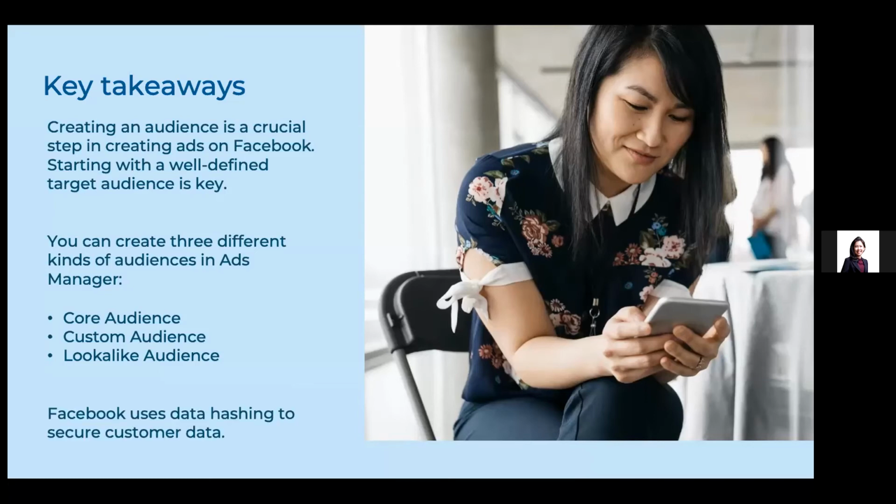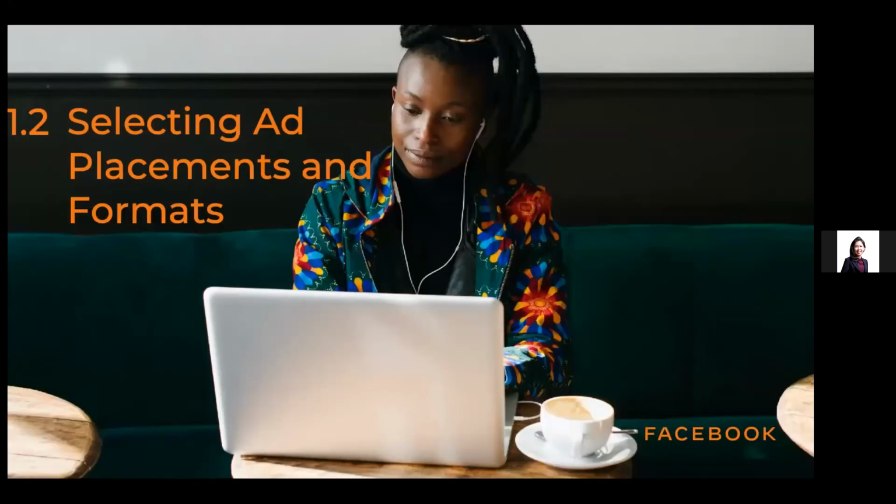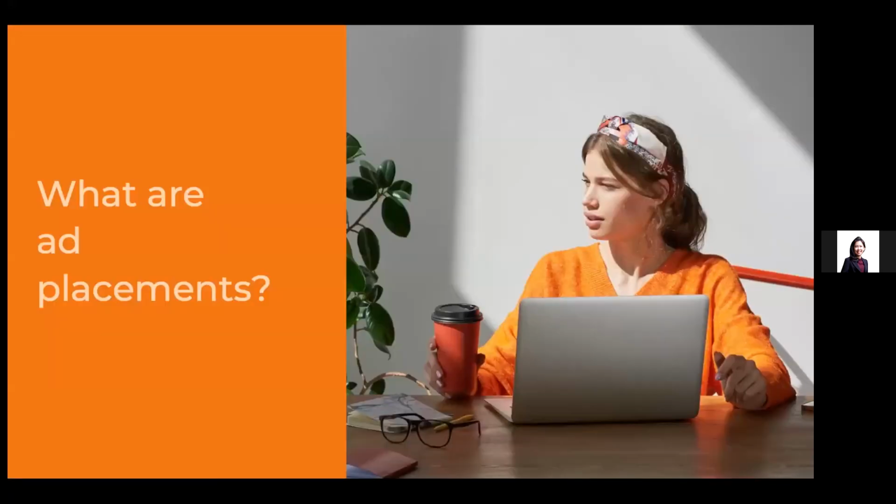All right, so the next section we're going to talk about is selecting your ad placement and your format. So what is ad placement? Ads can appear in different places online, and we refer to those places as ad placements. When you create your ads in Ads Manager, they will appear in a variety of placements.